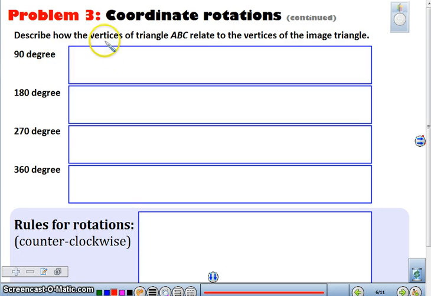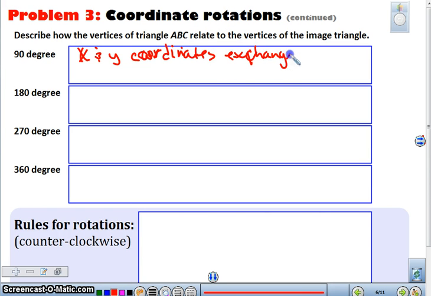Here, we want to describe the vertices of the triangles as a 90-degree turn. Now, what you notice is that when we looked at our x and y, we're going to say that the x and y coordinates switch spots, they exchange places.